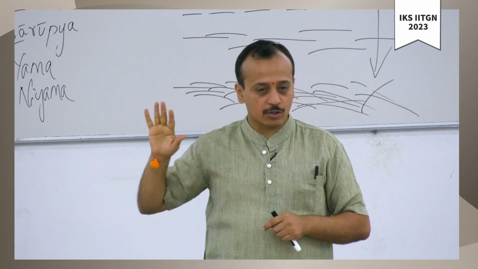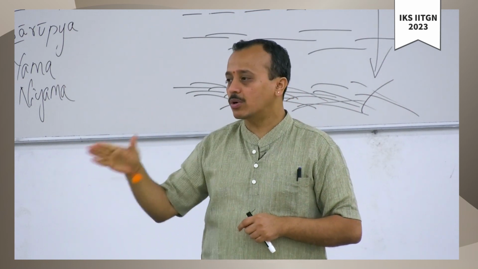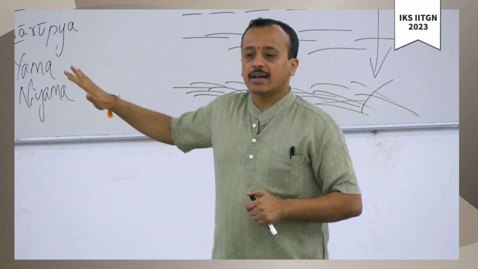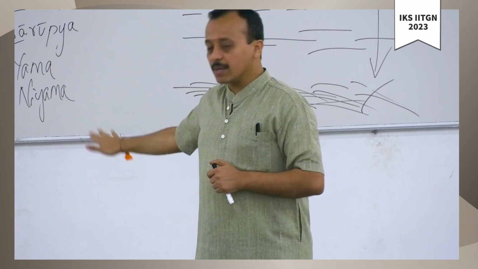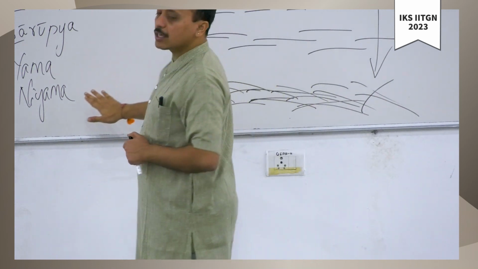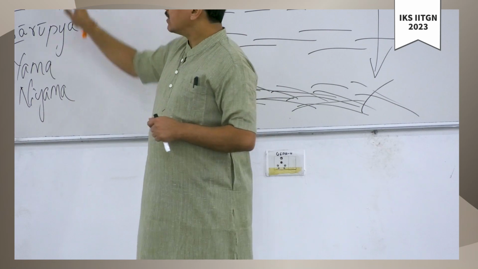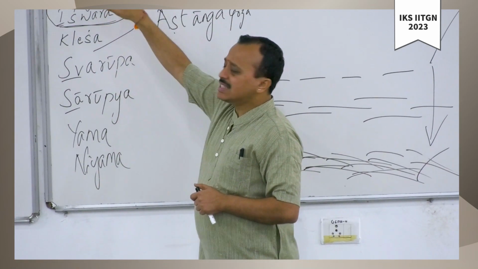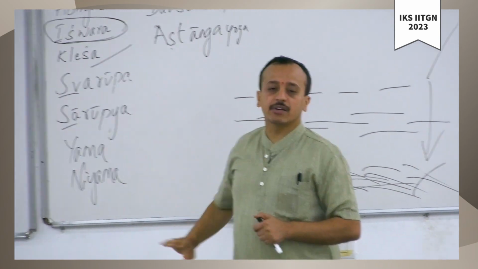Again, for the scope of our discussion, I'll keep these three out: dharana, dhyana, and samadhi. But it suffices to say they are important concepts of the yoga tradition, and they have been discussed to the required length in the Yoga Sutra text per se. So these are some of the important concepts that we were seeing.